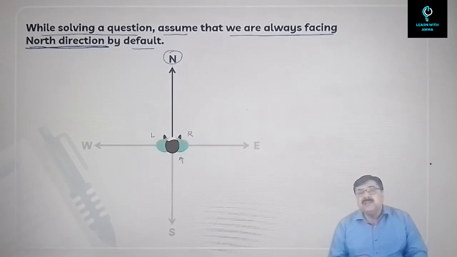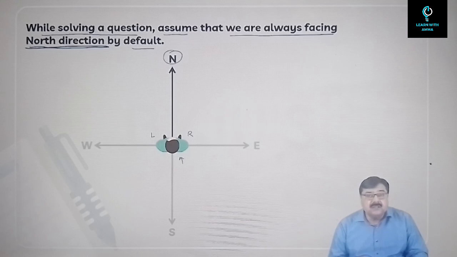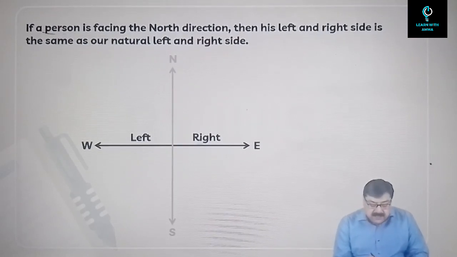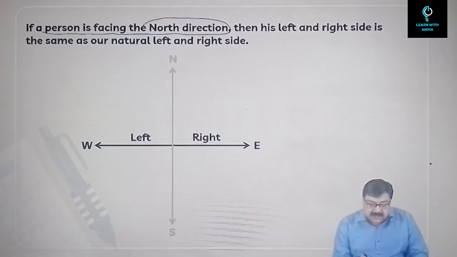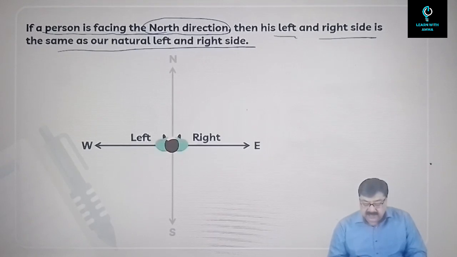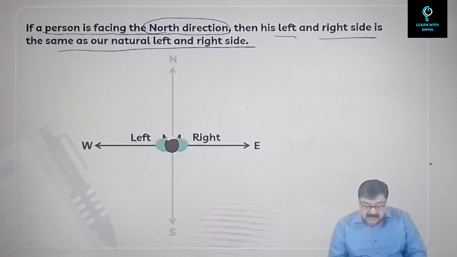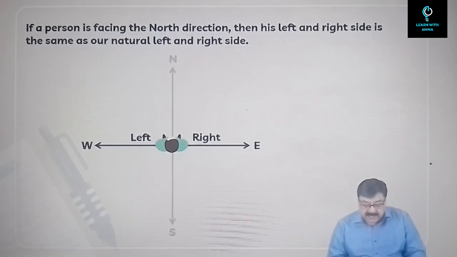If a question says, for example, that Ram walks X kilometers towards north and then takes a left turn or a right turn, then Ram's left and right is the same as our natural left and right. If a person is facing north, his left and right side is the same as our natural left and right side.